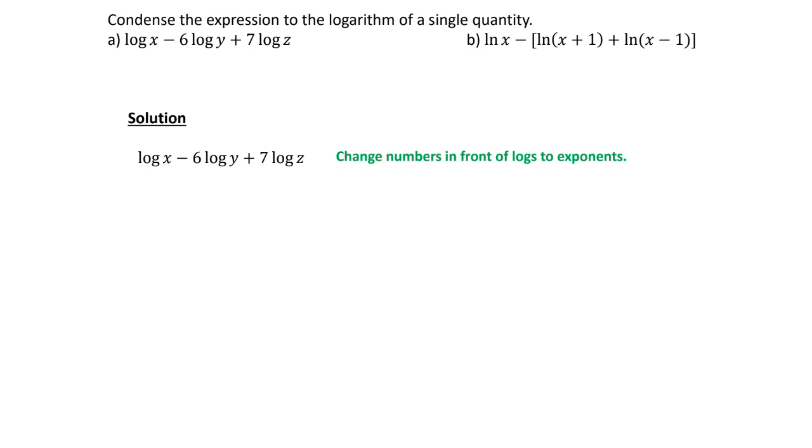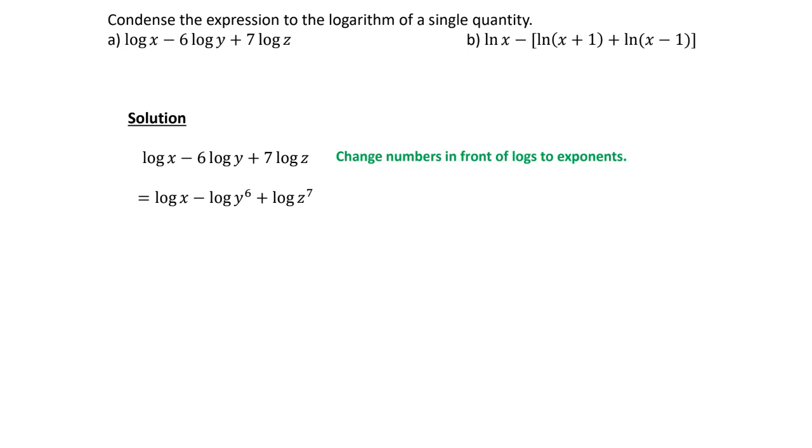We can just start from left to right. We see that we have numbers in front of our logs, which we can represent as exponents using the power rule. So we have log base 10 of x minus log base 10 of y to the 6th power plus log base 10 of z to the 7th power.